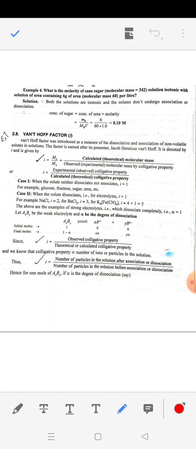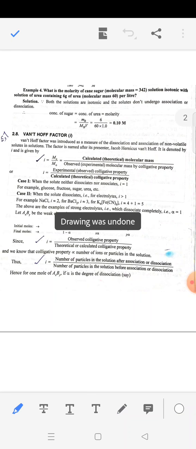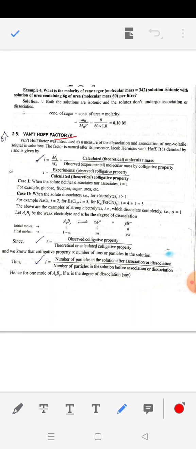There are certain solutes which even undergo association. So what to do for such solutes? The colligative properties become useless for them. So keeping all this in mind, a new factor has been introduced to calculate the molar masses for such solutes also, and that factor is called the Van't Hoff factor, which is represented by the symbol small i.